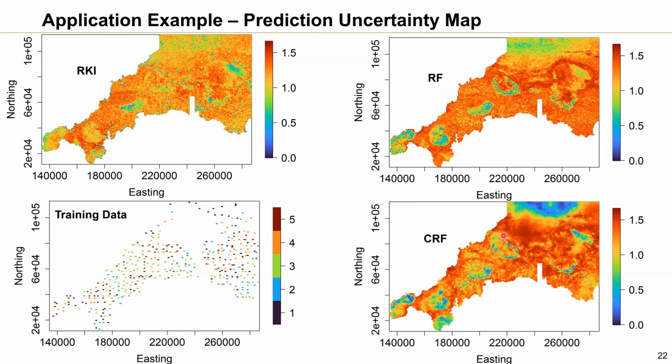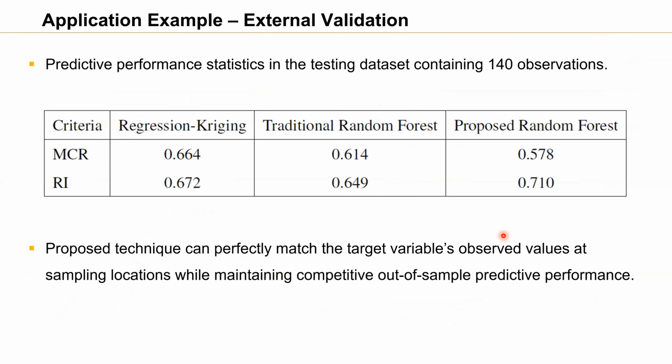Now, let's see what the predictive performance statistics are on the testing data. This is the result that we get here. This is the misclassification error, and this is the run index. You can see that the proposed method gives a very low misclassification error compared to the classical random forest and to regression kriging of indicator.